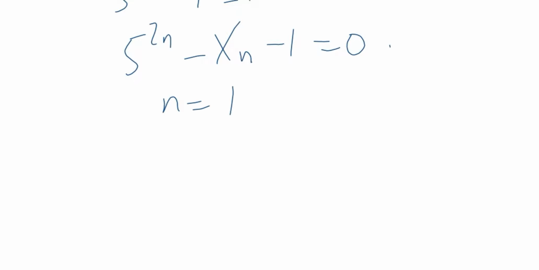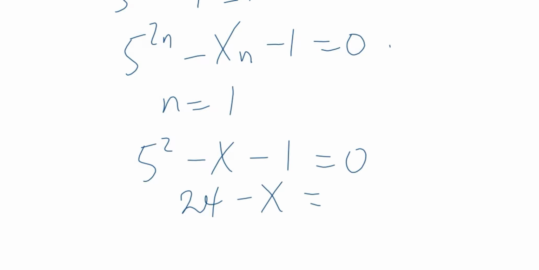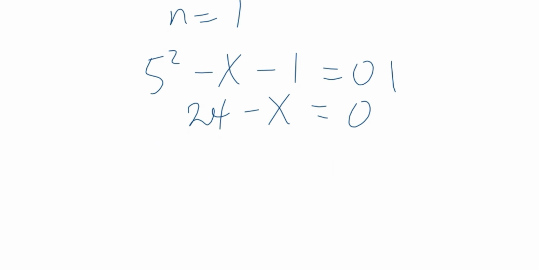So if n equals 1, you'll be having 5 exponent 2 minus x minus 1 equals 0. This should give you 24 minus x equals 0. And that will be as well negative x minus 24. This will be x equals 24.